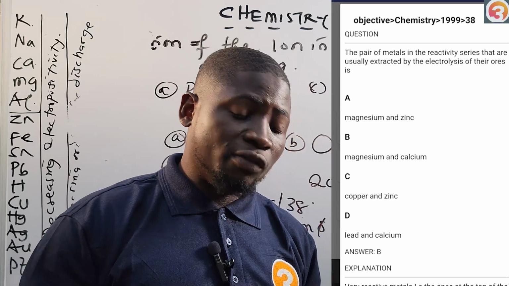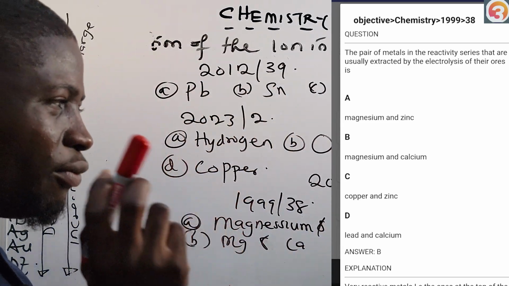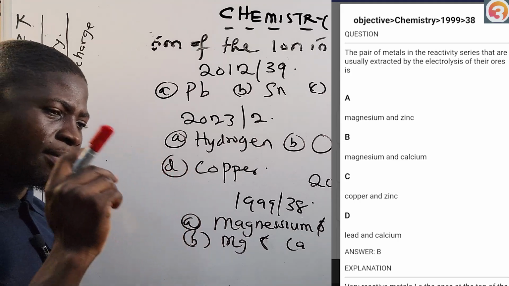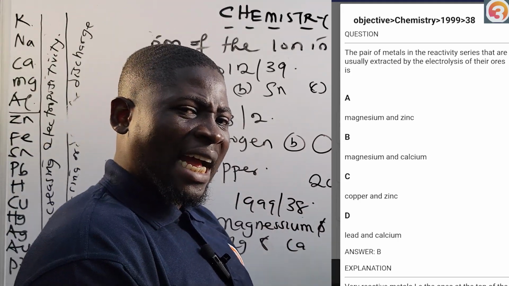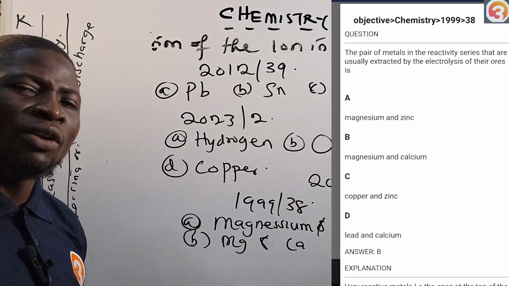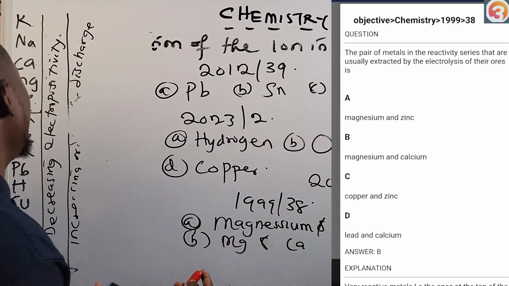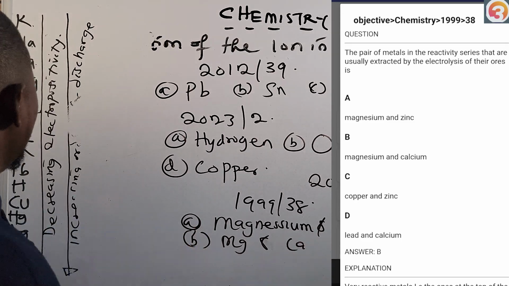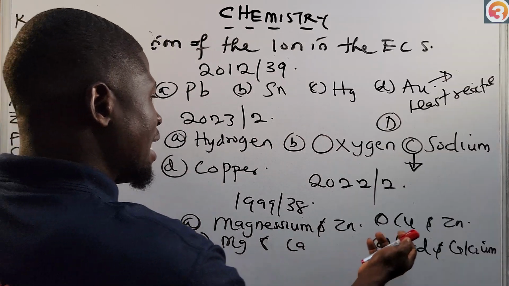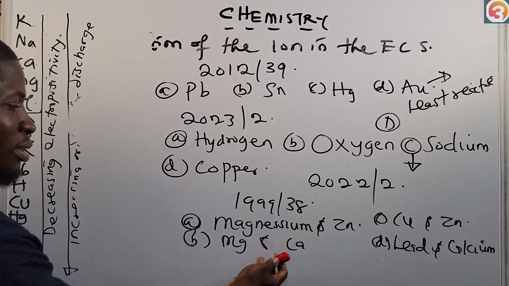the electrolysis of their ores. Like I told you earlier, the most reactive metals, or the most reactive ions, that are at the top of the electrochemical series can be easily extracted from their ores by electrolysis. So of course, I see magnesium and zinc. No, you can see copper and zinc. No, you can see magnesium and calcium.